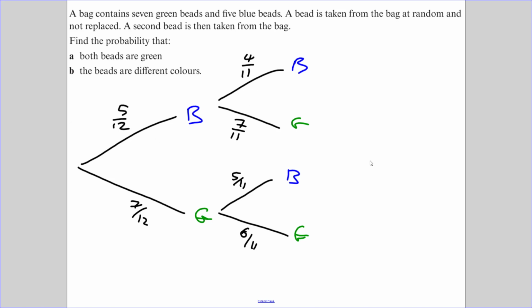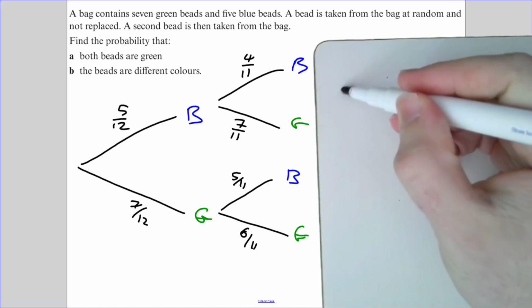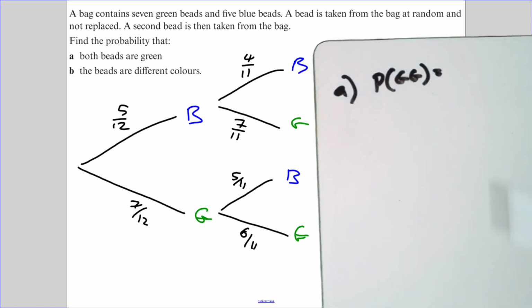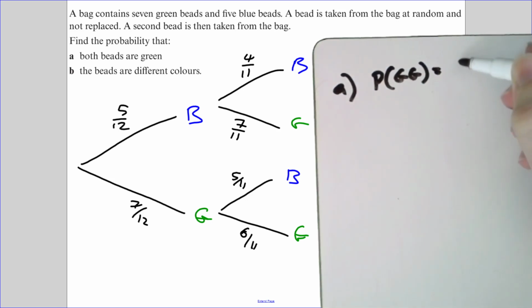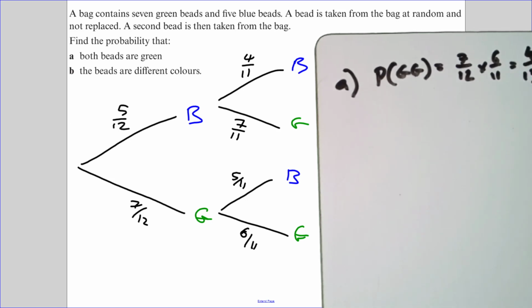So to answer some questions on this, we're asked to do a few things. The first thing we're asked to do is both beads are green. So for A, probability green green gives us 7 out of 12 multiplied by 6 out of 11, which gives us 42 out of 11 times 12, which is 132, which cancels down to 7 out of 22.